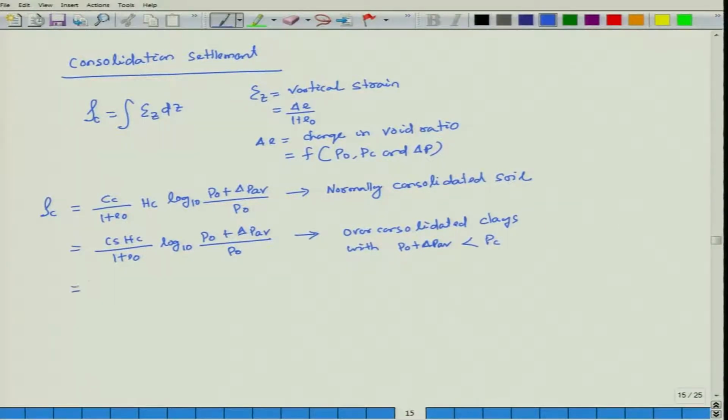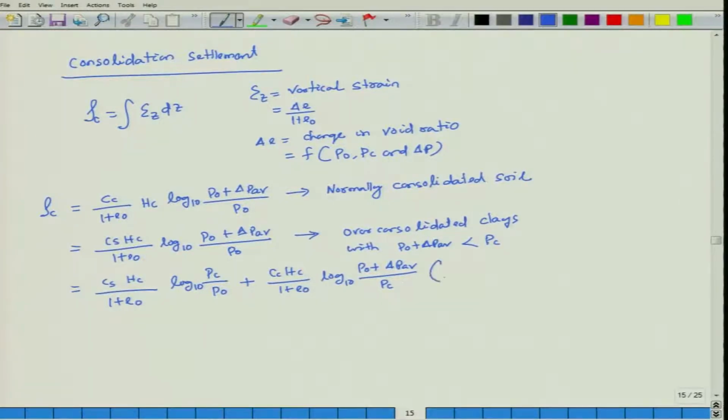Again it is Cs, Hc by 1 plus E 0, log 10 of P c by P 0, plus C c S c by 1 plus E 0, log 10 of P 0 plus delta P average divided by P c.